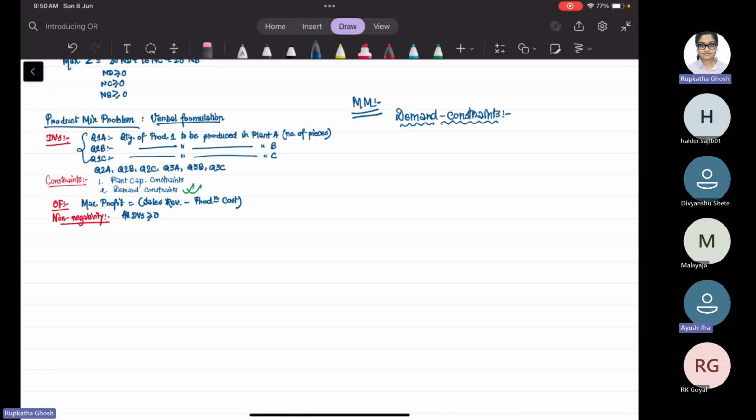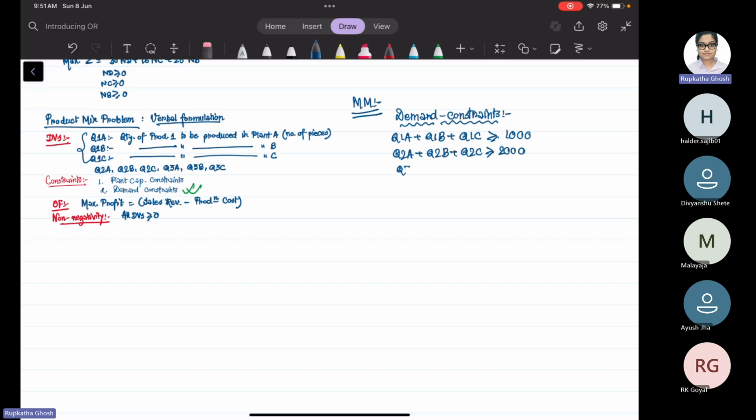Just see the decision variable: Q1A plus Q1B plus Q1C has to be greater than or equal to 1,000. Same thing you will have to do for product 2: Q2A plus Q2B plus Q2C has to be greater than or equal to 2,000.